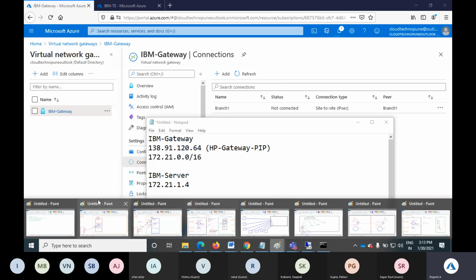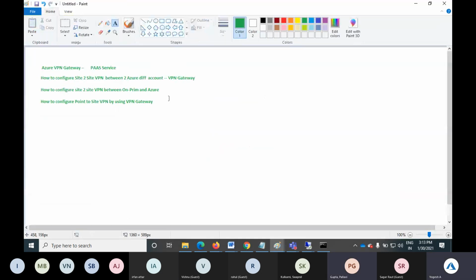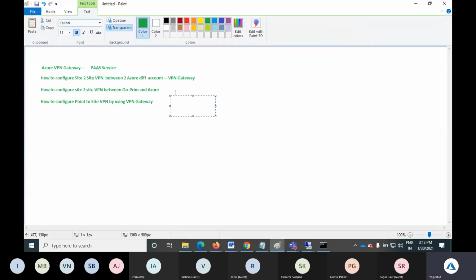Tomorrow, first we'll understand Azure point to site VPN. Under point to site VPN, we are going to discuss two scenarios.